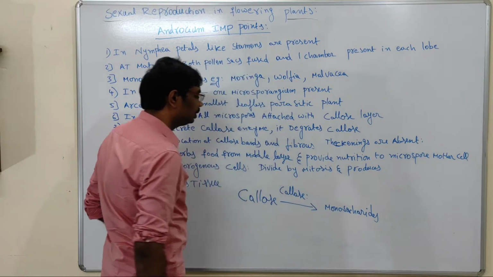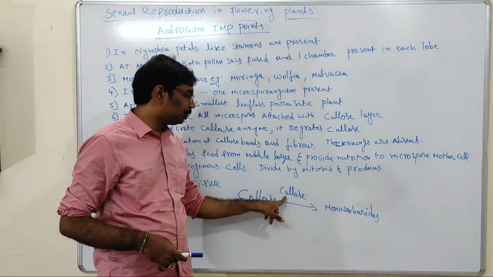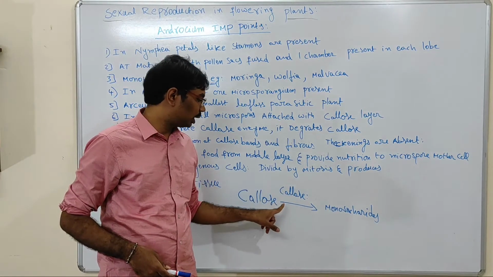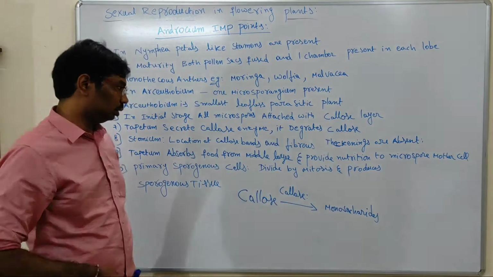The callase enzyme digests the callose, and callose is converted into monosaccharides.